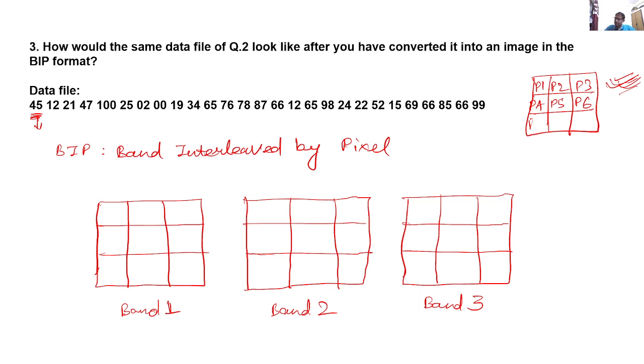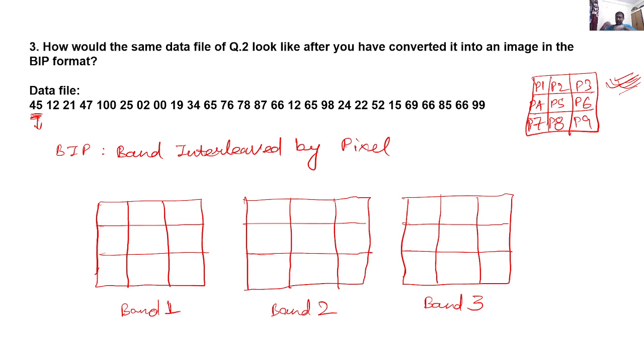The pixel locations would be P1, P2, P3, P4, P5, P6, P7, P8 and P9. We would be filling up pixel location number 1 of each band first, then pixel location number 2 of each band, then pixel 3, 4, 5, 6, till pixel number 9. That is the story of this. Clear, right?